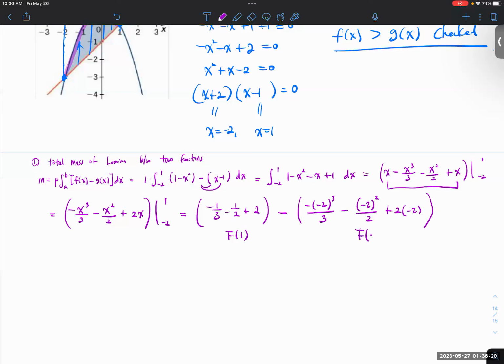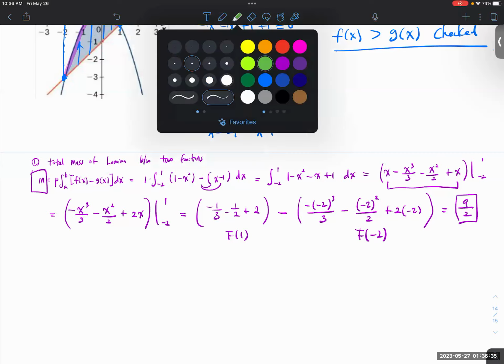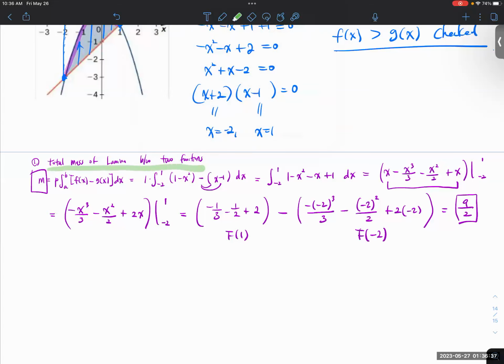So this is capital F of negative 2. You can plug that equation into a calculator, and you should get 9 over 2. This is your total mass. How do you feel? You good? So this is the total mass of the lamina between two functions.